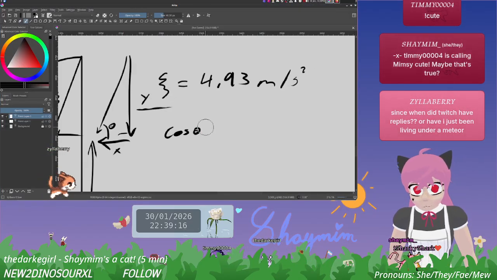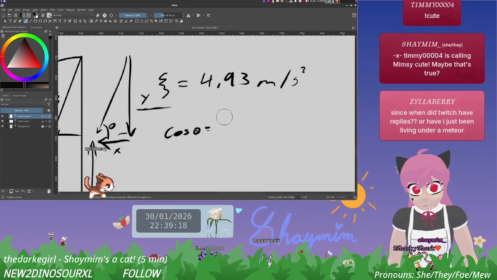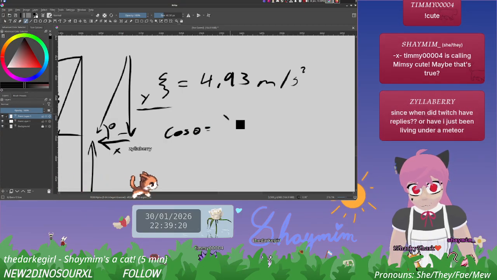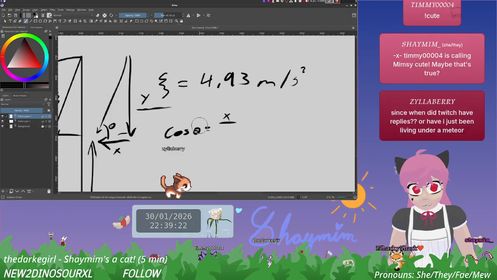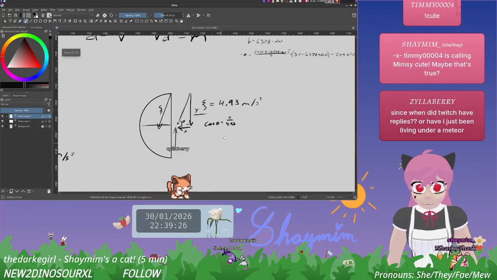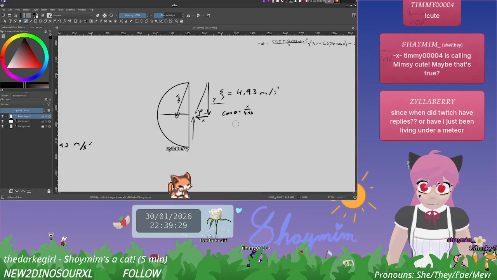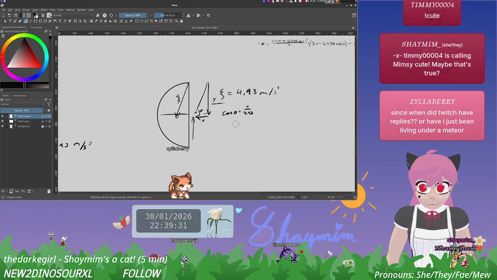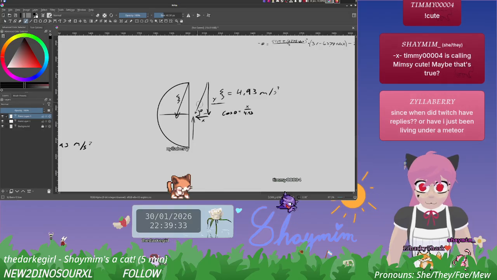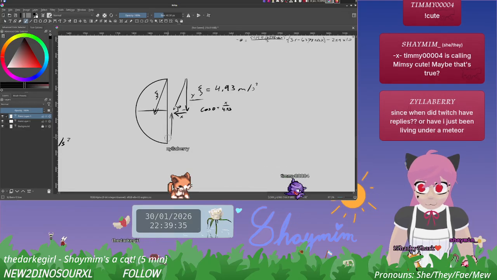So cosine theta is going to be equal to x over 4.93, right? And that's true of every point on this.